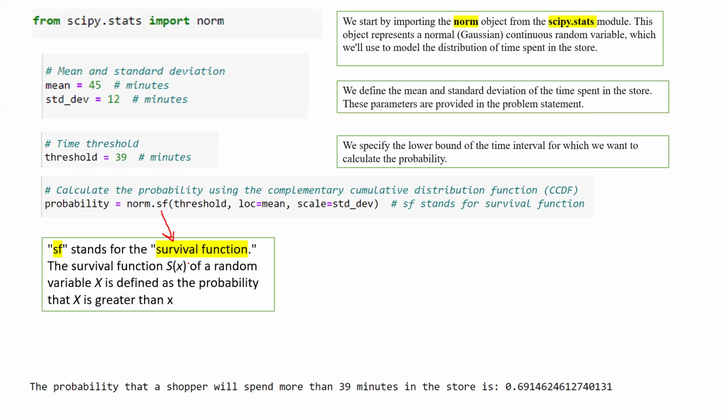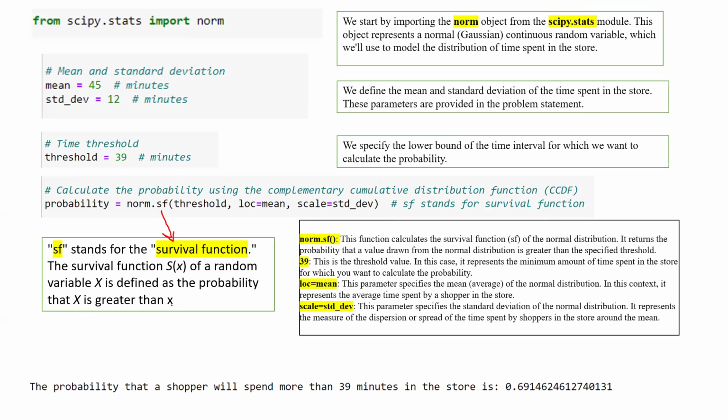The survival function S of x of a random variable like x is defined as the probability that x is more than the lowercase x. Basically, when you're writing norm.sf, this function calculates the survival function of the normal distribution. It represents the probability that the value drawn from the normal distribution is greater than the specific threshold.